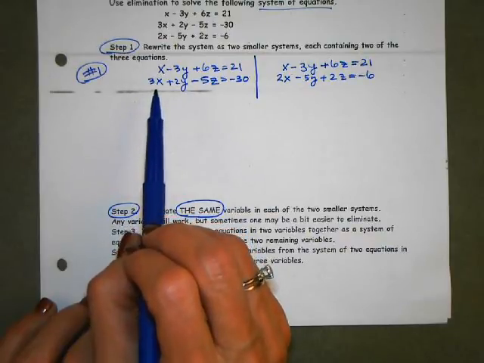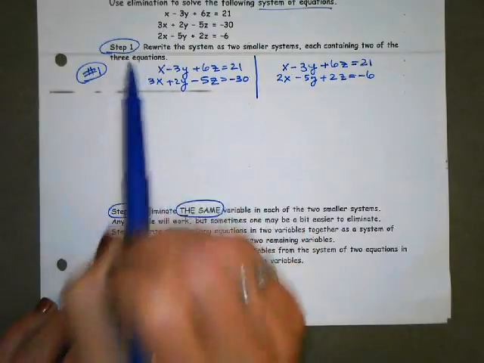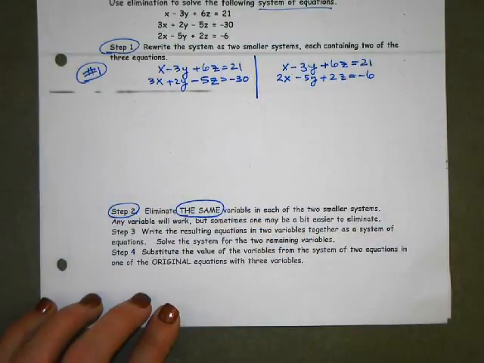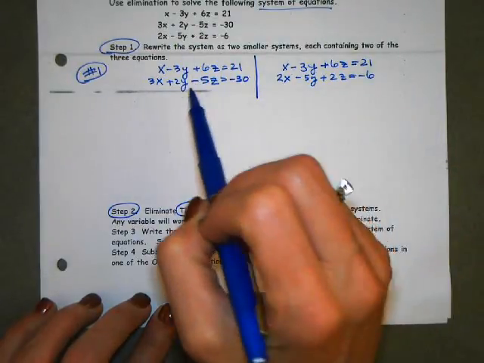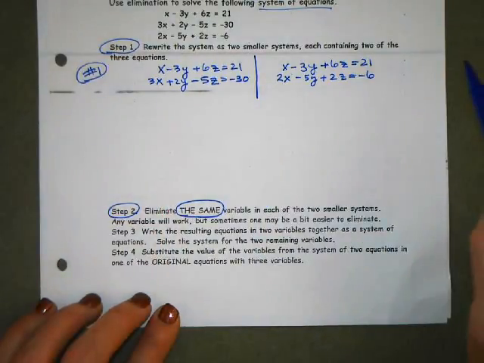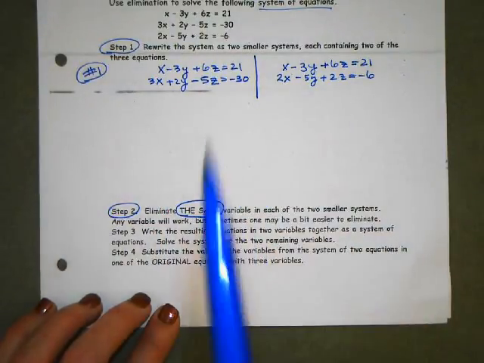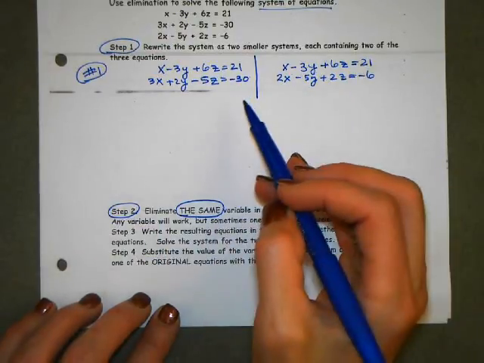I think x is probably the easiest one because you have a 1 coefficient here and a 1 coefficient there. If I choose x on the left side, I have to choose x on the right side. Okay? If I choose y, I have to choose y on the other side. If I choose z, I have to choose z on the other side. It doesn't matter which one, but you have to be the same. Okay? So I'm going to say x.